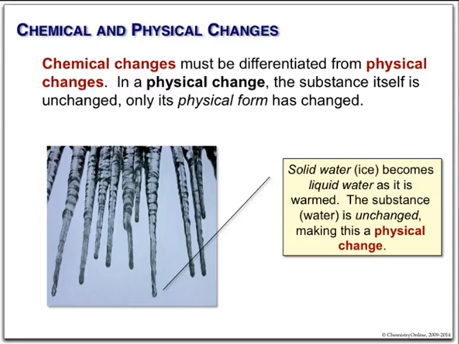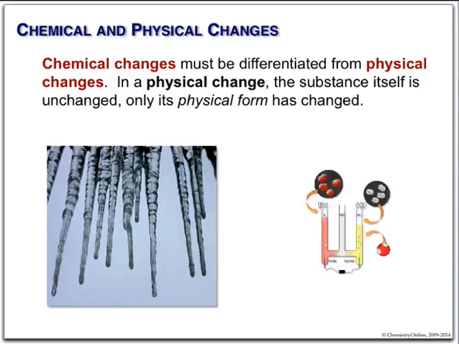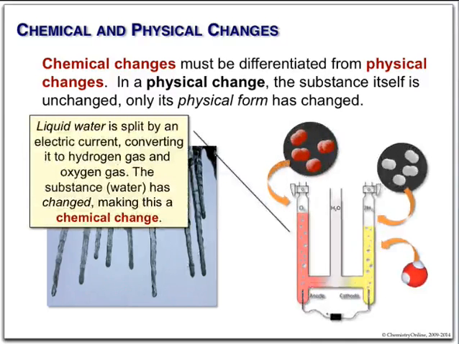We can also take water, which is 2 hydrogens and 1 oxygen, and we can break it down into oxygen gas and hydrogen gas. This is the process of electrolysis. If we put water into a vessel like this, put electricity through both sides, interestingly enough, hydrogen will bubble up one side, oxygen will bubble up the other.